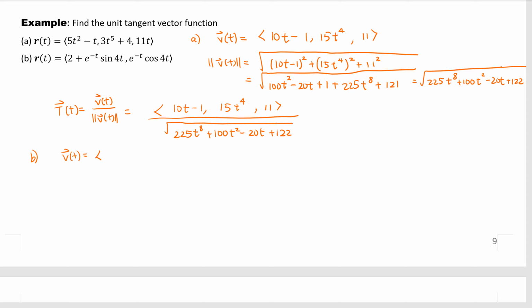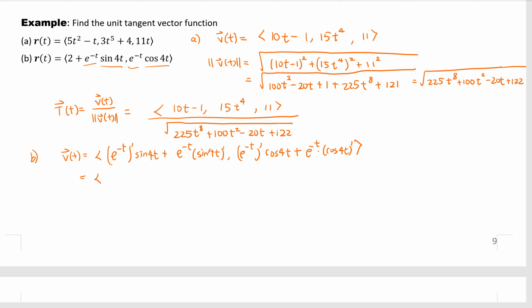For part B, what is v of t? v of t is the derivative of 2, 0. But for this one, we use the product rule. What is the product rule? It's the derivative of the first guy times the second guy plus the first guy times the derivative of the second guy. And here we also have the product rule.